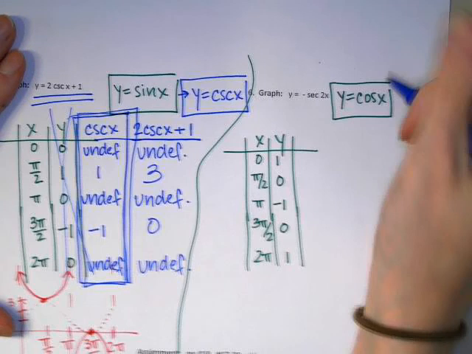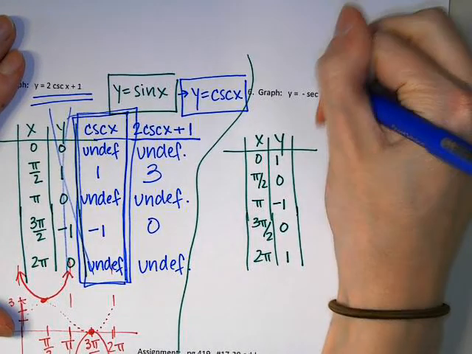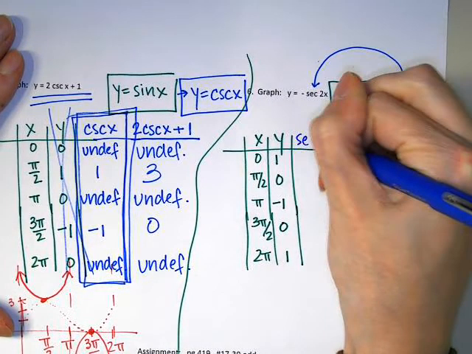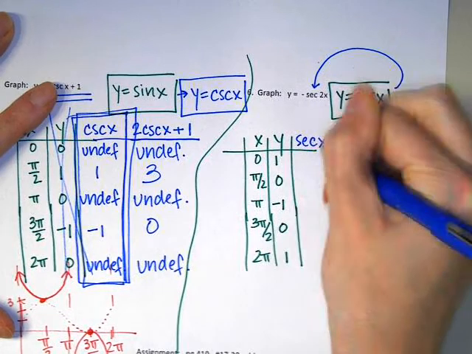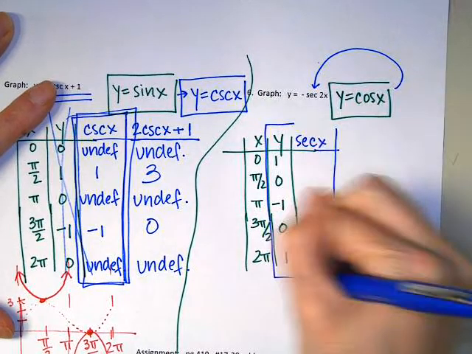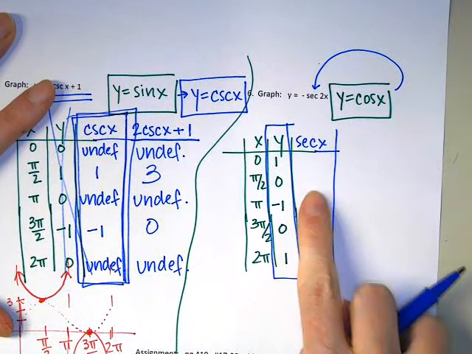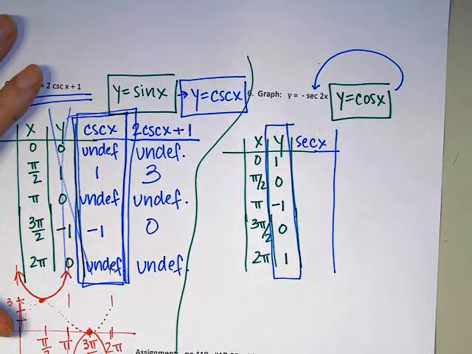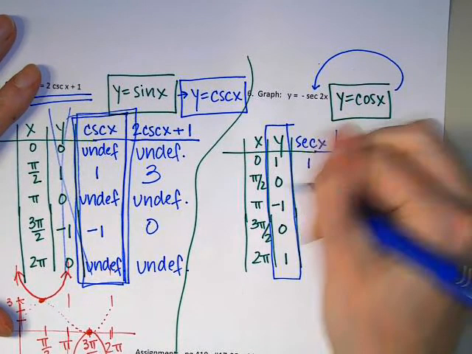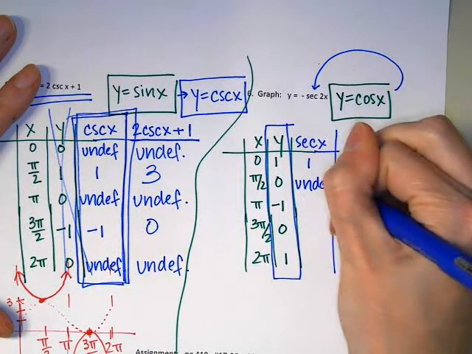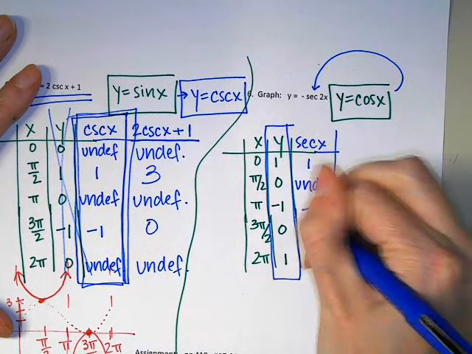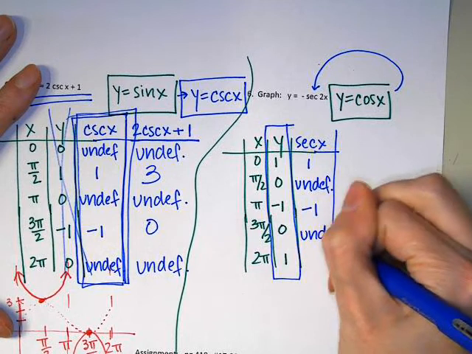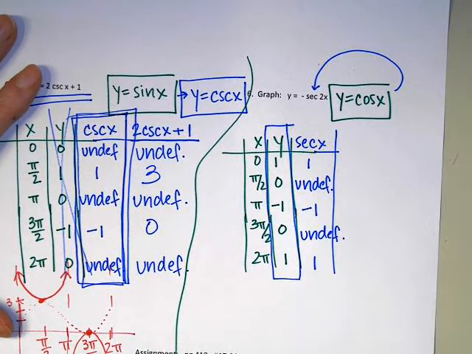But we don't want cosine, we want secant. So why don't we take the reciprocals of all of the cosine values to get the secant values? So reciprocal of 1 is 1, reciprocal of 0 is undefined asymptote, reciprocal of -1 is -1, reciprocal of 0 is undefined asymptote, reciprocal of 1 is 1.